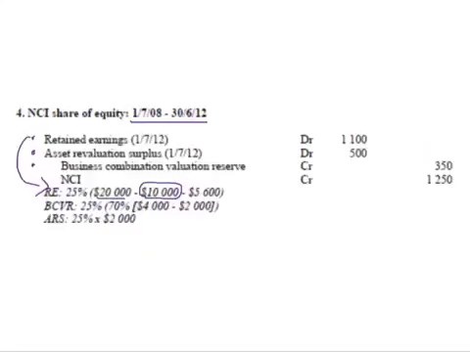Then we have to look back at our BCVR entries, because our BCVR entries are entries that are passed on top of the accounting records of the underlying entities. Any changes or adjustments made in those entries that affect our earnings figure will have an effect on our retained earnings reported by the group.